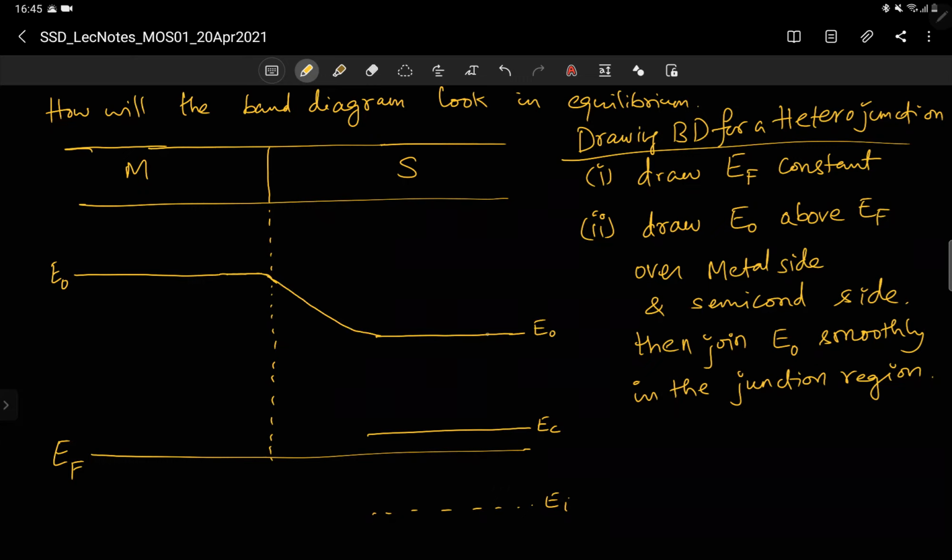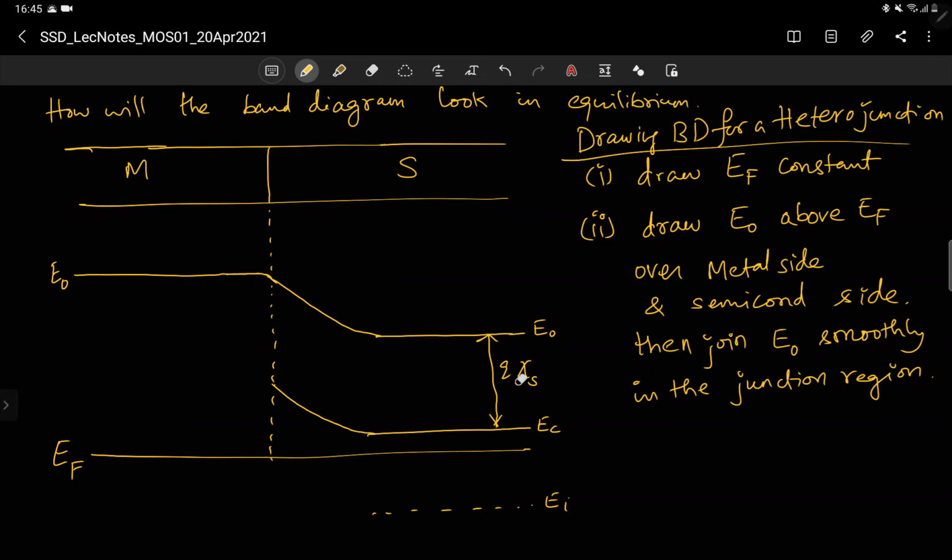So this is a material quantity, q times chi S. The material parameter, electron affinity, should not change as long as you are in the same semiconductor. So EC also just follows E naught, with the same difference chi S all over. Don't change the EC position with respect to E naught.